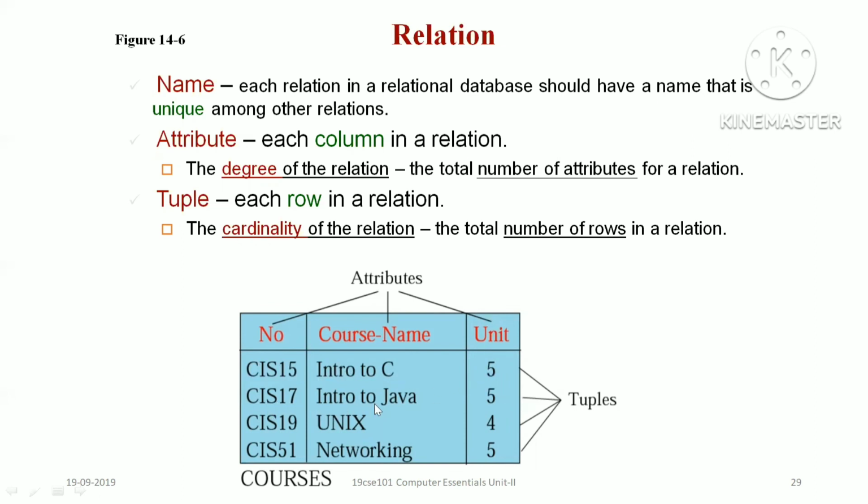CIS 17, Introduction to Java, unit 5. CIS 19, Unix, unit 4. CIS 51, networking, unit 5. Understood what attributes and tuples are? Tuples are nothing but rows, and attributes are nothing but columns.